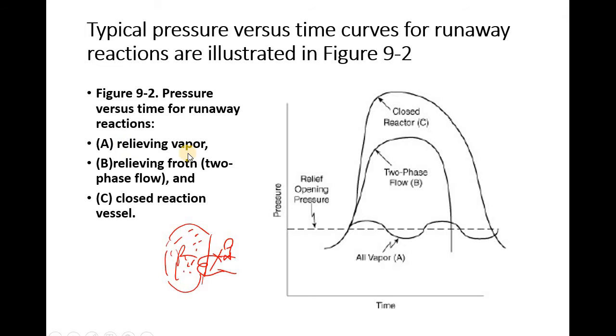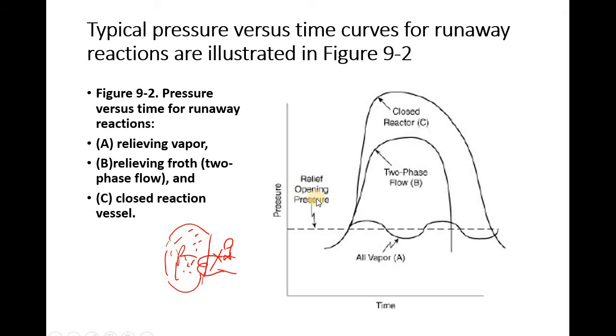So what do we have? We have relieving vapor. We have relieving, maybe, two-phase flow. We have a closed reaction vessel. All three are applicable to that reactor. However, depending on the condition, how we are going to deal with it changes. For vapor, if you have something that goes up and down, even within a runaway reaction, this means that there is a relief valve.